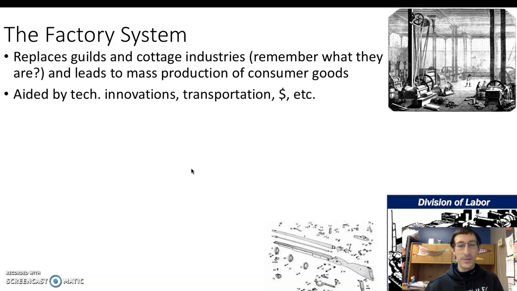You could think about so many different examples, but I want to use those two as the beginning parts. They're trained in and they set the standard of the quality of goods, they set their prices, and essentially members of a guild will support one another, and they're the ones controlling the industry.